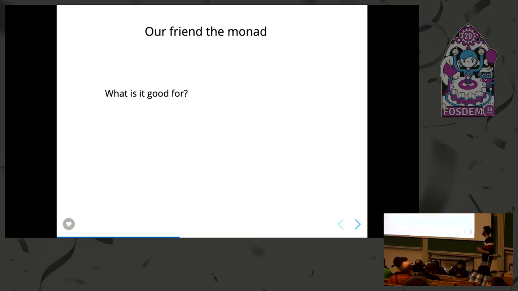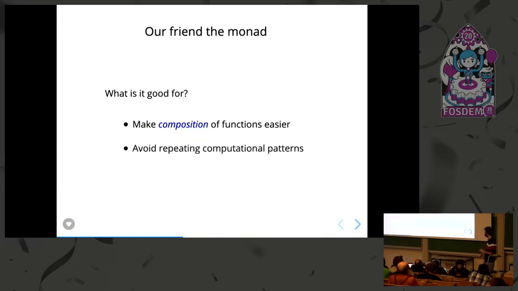So what is it good for? It makes composition of functions easier. As we've seen, it made the composition of functions with time measurements easier than before. It avoids repeating computational patterns. And it's particularly useful when you have a pipeline of operations like we had before.